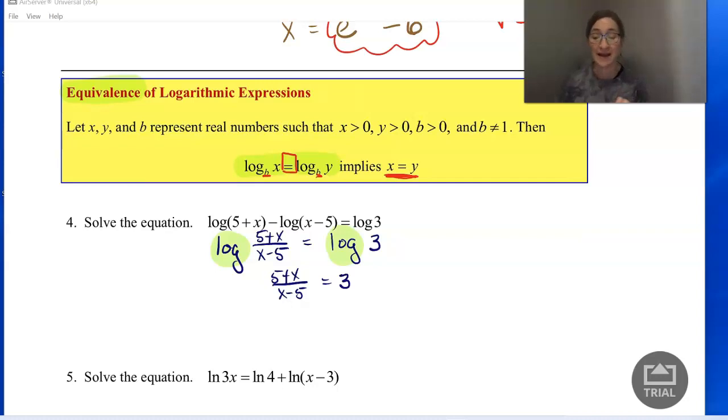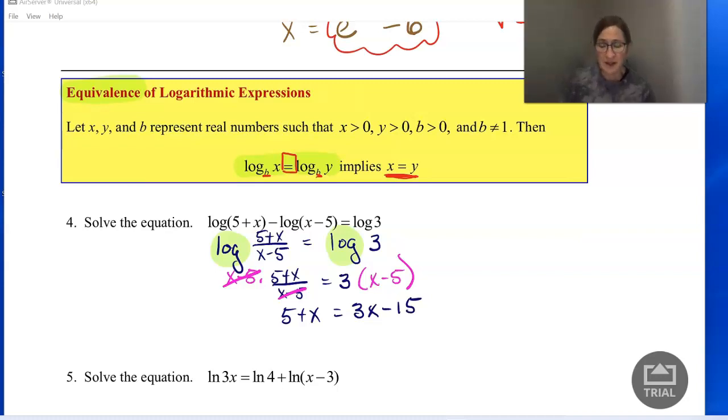And now I just solve that. I'm going to multiply both sides of my equation by that denominator, x minus 5. So then on the left, my x minus 5's reduce. Then I'm left with 5 plus x equals, I'm going to distribute that 3, 3x minus 15. Well, this is a simple problem for us to solve. I'm going to first start by subtracting x, and that's going to give me 5 equal to 2x minus 15.